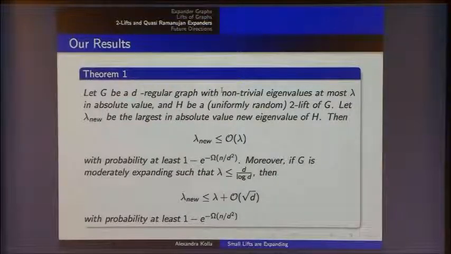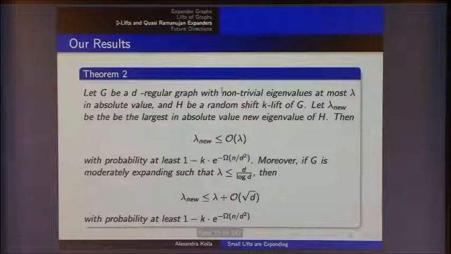So we don't have any log d factors, we don't have any assumptions on the base graph. So if the base graph is Ramanujan, or if it's a clique K_{d+1}, this could be order of root d minus 1, or root d, I guess, doesn't matter if you have the order. And this happens with high probability in the number of nodes of the graph. And we get something stronger if the graph is expanding, but I'm not going to talk about this.